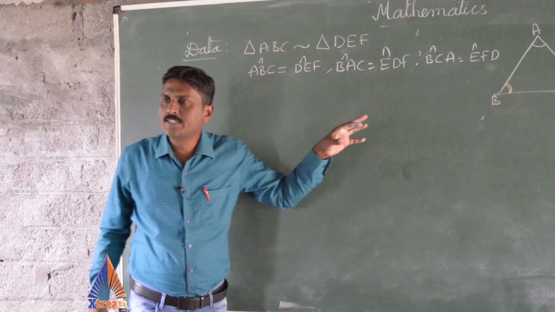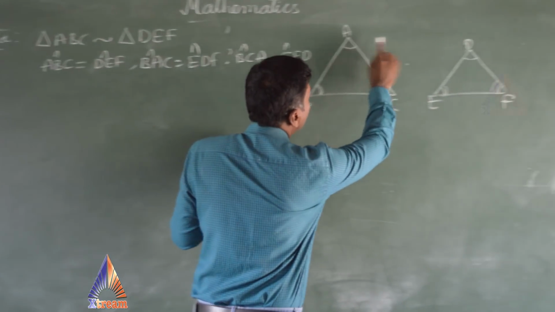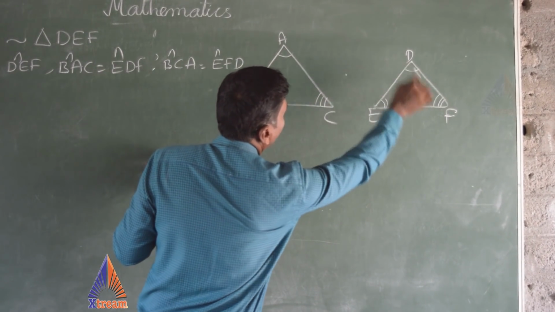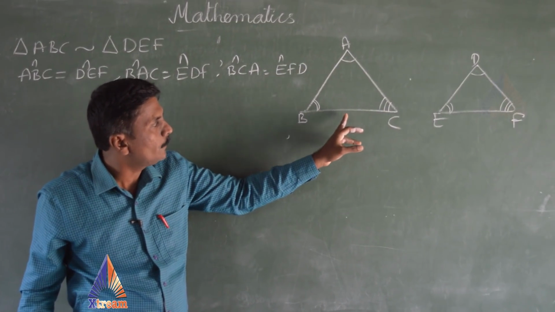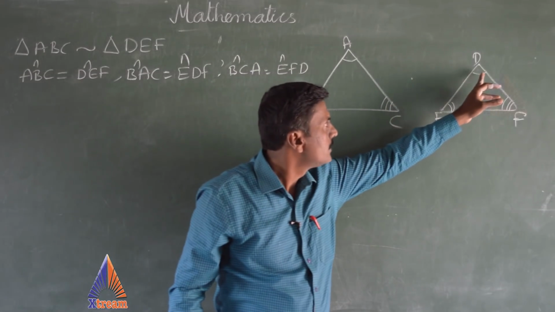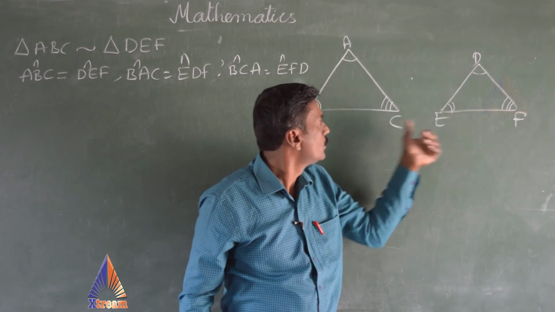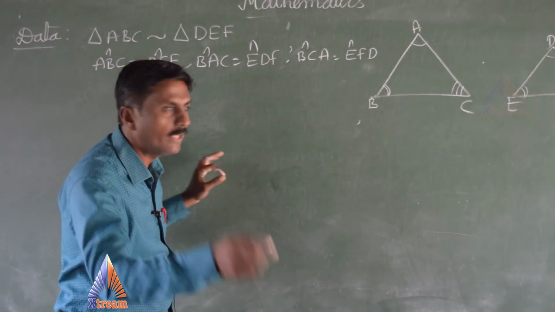Now we have to list the corresponding sides. First let's begin with these two angles, angle BAC and angle EDF. Here the side opposite to BAC is BC, and here the side opposite to EDF is EF. So BC and EF are a pair of corresponding sides.